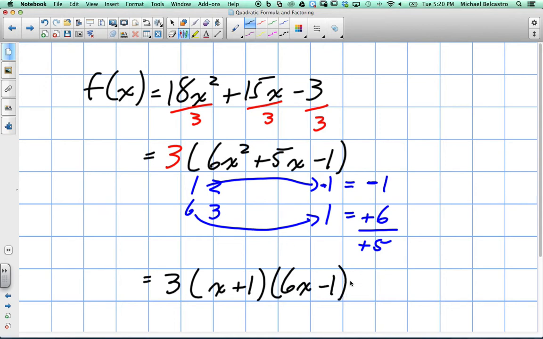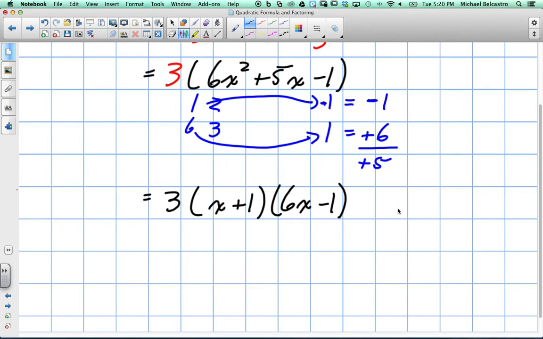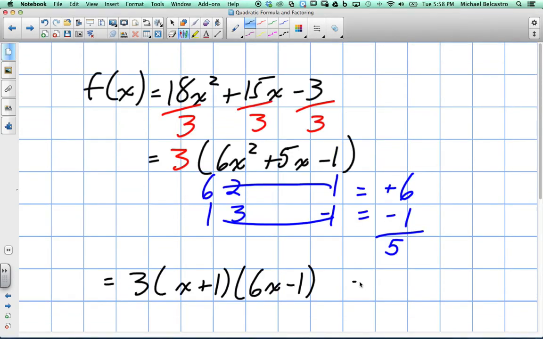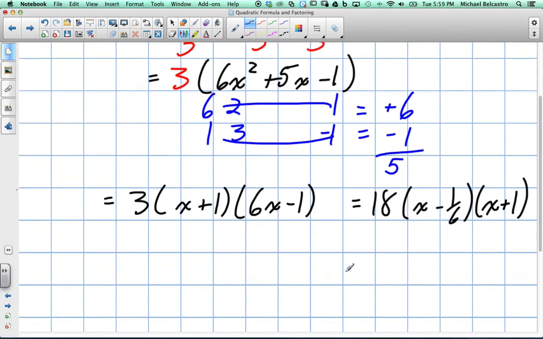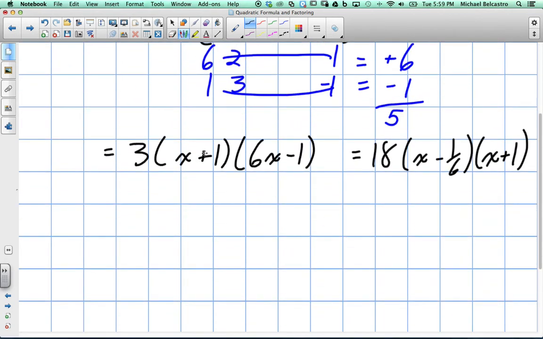So let's think back to our other form. My other factored form, our other version, reads our 18, and we had x minus 1/6, and x plus 1. So these two look very different, but they're actually the same equation.